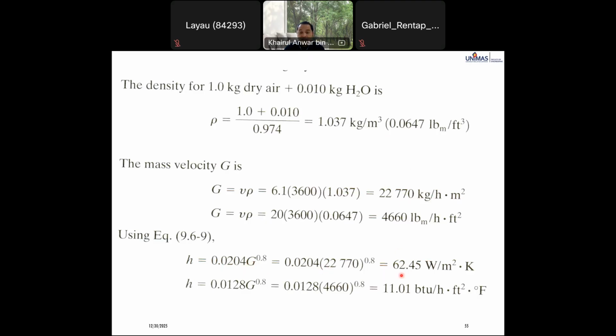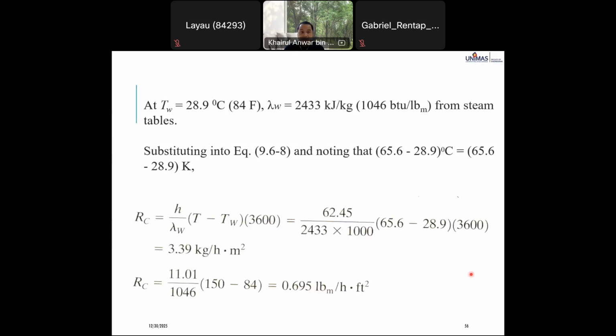We get 68.45 watt per meter square Kelvin. So at wet bulb temperature 28.9, lambda w, the latent heat at 28.9, we refer to the steam table.